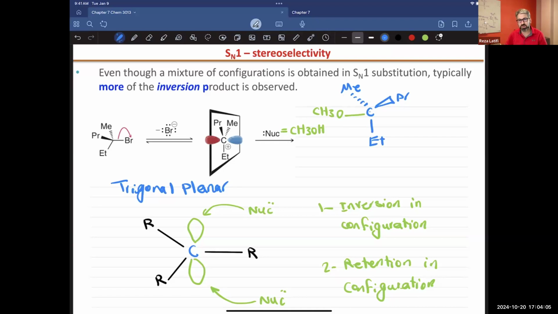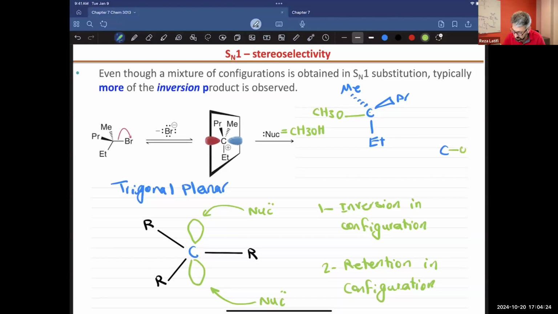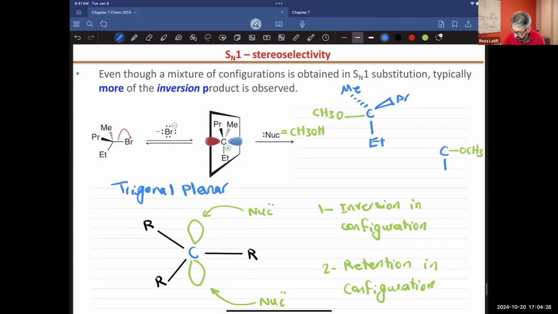Or you can put the methoxide on the right side, so I'm going to switch their positions. Say for the second one, carbon is here, let's put the methoxide here, it will be CH3, then we will have the ethyl here. That means the propyl group is going to be there, and the methyl is going to be here.